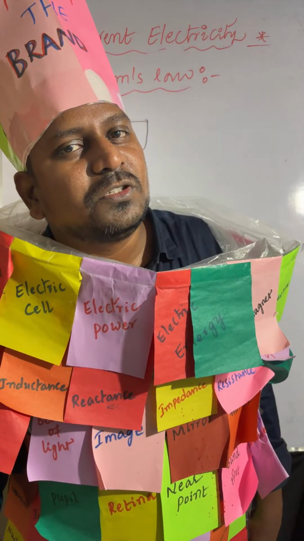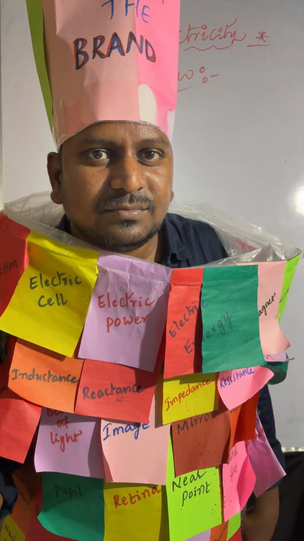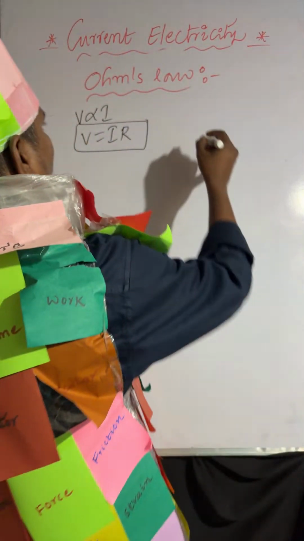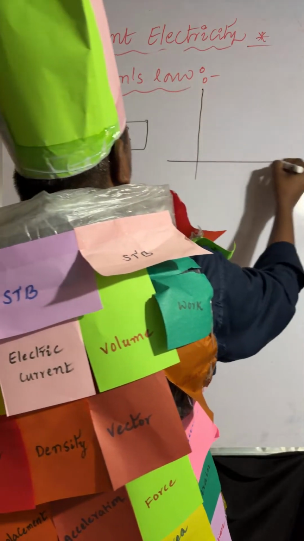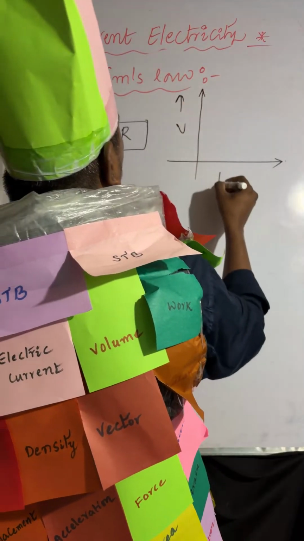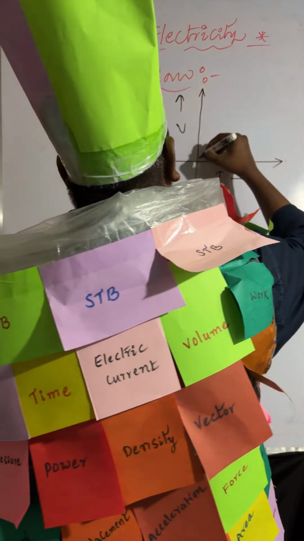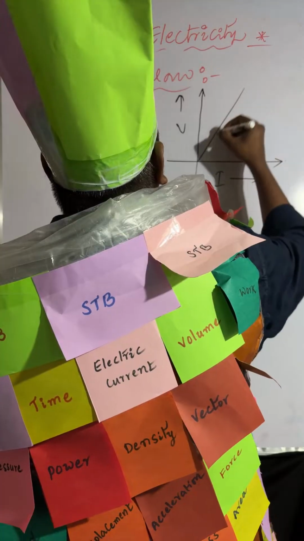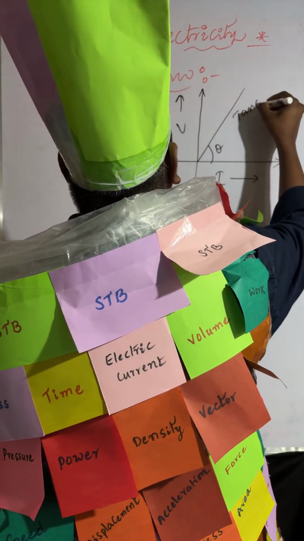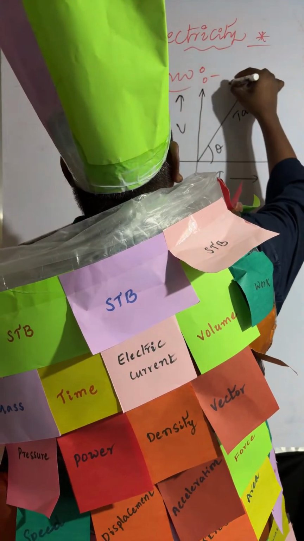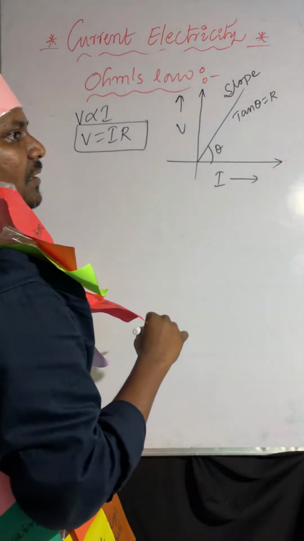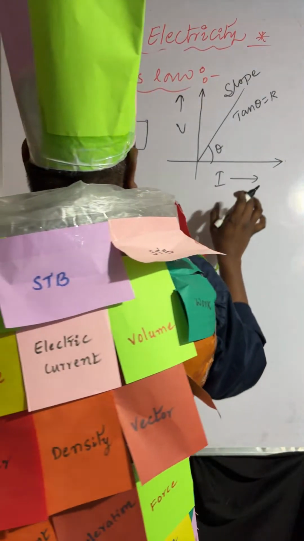V is directly proportional to I, V equals IR. The slope of the V-I graph gives the resistance. V on the y-axis, I on the x-axis; the graph makes an angle theta, and tan theta equals R, the slope. Understood? I hope it is very clear.